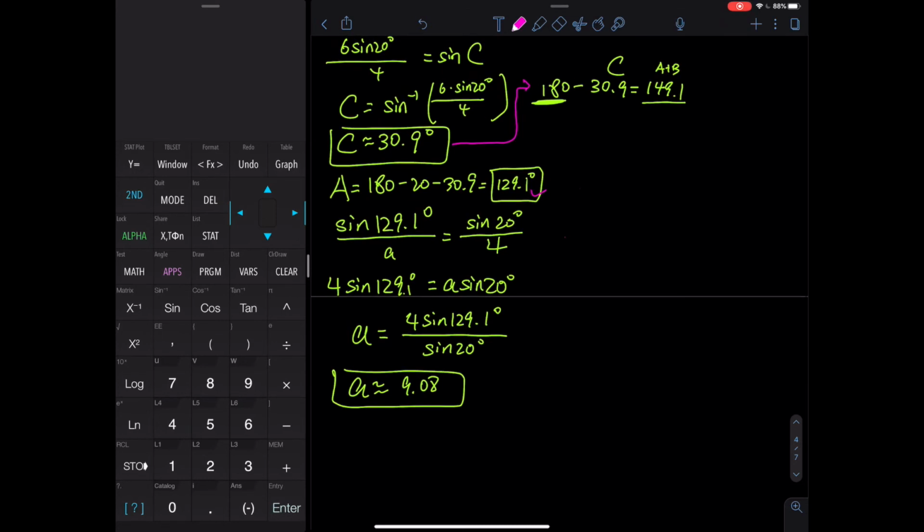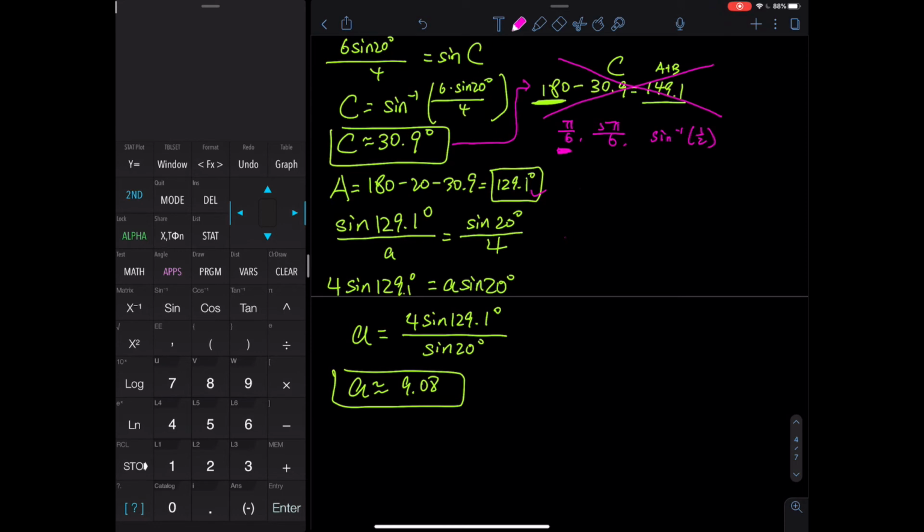So I just said that 180 minus C is equal to A plus B, but the logic is wrong. So allow me to fix this. I'm going to correct this right now. We remember that we have pi over 6 and 5 pi over 6. Inverse sine of 1/2 has two answers, right? This time we have 30.9 degrees. So 30.9 degrees is something close to pi over 6, right? And then how do you find the 5 pi over 6?